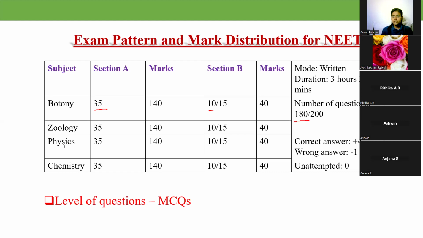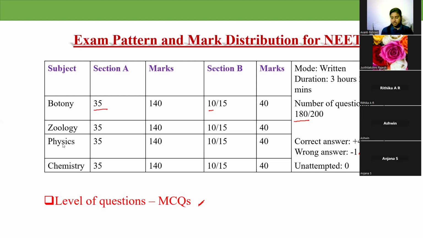So 200 questions will be there, and you have to attend 180. The duration is 3 hours and 20 minutes, and it is a written examination, not computer-based. The marking scheme is the same as JEE: for each correct answer +4, for a wrong answer -1, and unattempted 0. Got it? Here there are no numerical value questions; you will have only multiple choice questions.